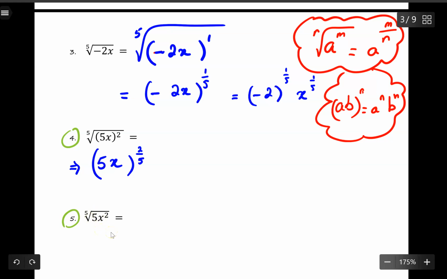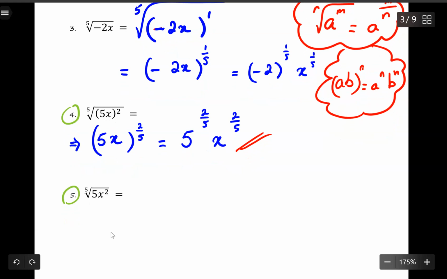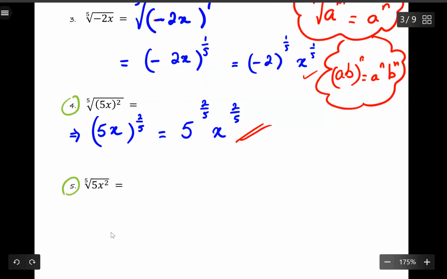So let me expand number 4 a bit further. Then you will see the difference between the two in a minute. What I have in this case is a fifth root of 5x squared, all of it raised to exponent 1.